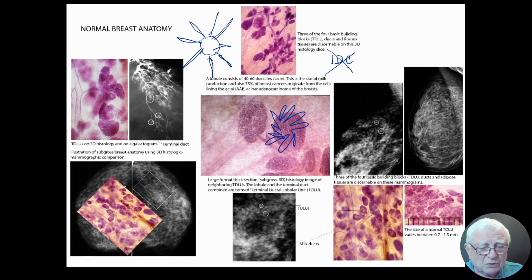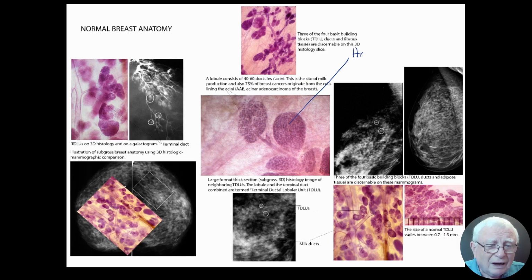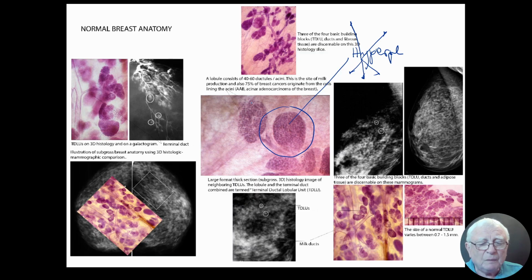It should not be used. So-called hyperplastic breast changes, cysts, fibroadenomas, different types of adenosis, sclerosing adenosis, blunt duct adenosis, and so on, all originate from the TDLU area. From the major ducts, only the radial scar originates as one of the hyperplastic breast changes.